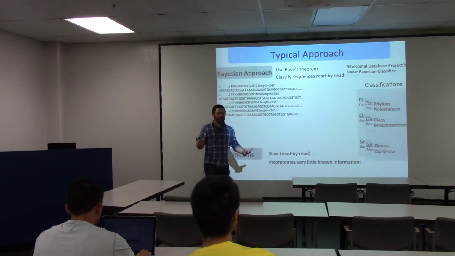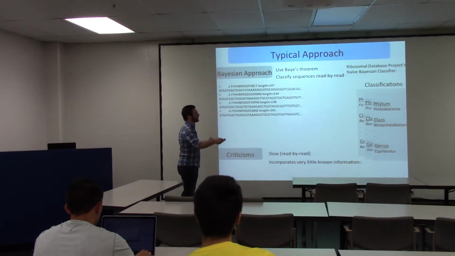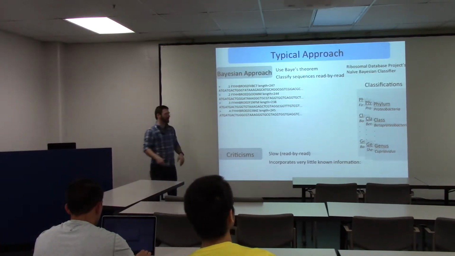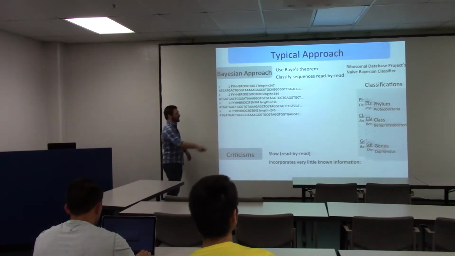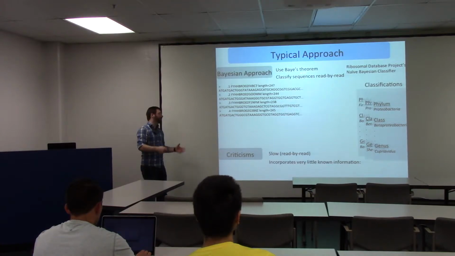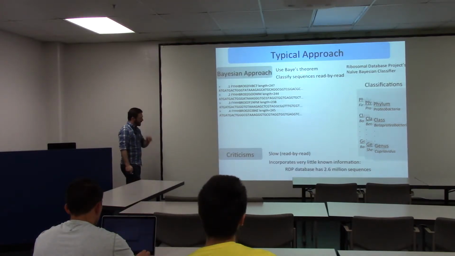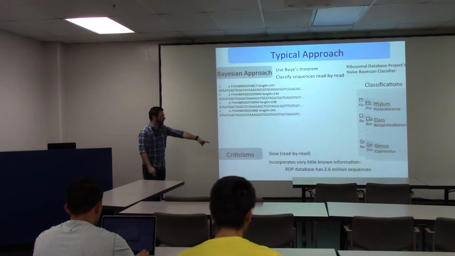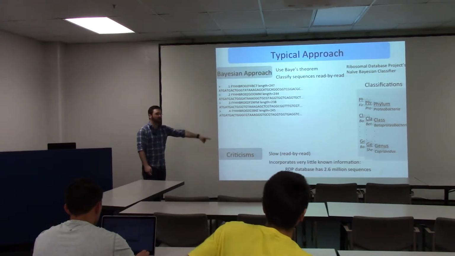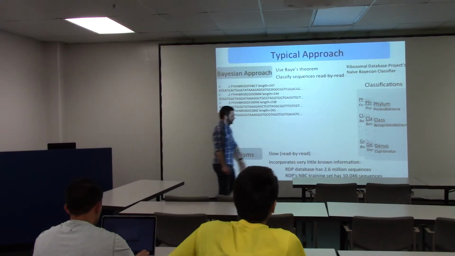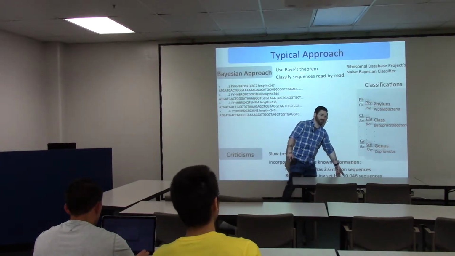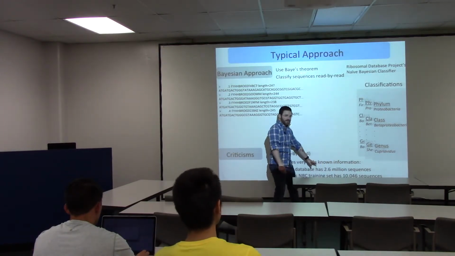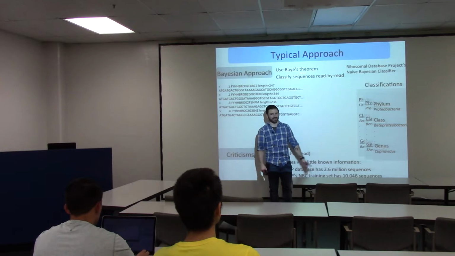So you're really treating each read as completely independent from the other ones, which it's not, because it comes from the same sample. So for instance, instead of a naive Bayesian classifier, what if we could get some sort of prior on the distribution of the taxonomic classification, and use information from other reads? As I've been saying, RDP's database has 2.6 million sequences, and the training set is only 10,000. Actually, now I'm pretty sure this is like 5 million.